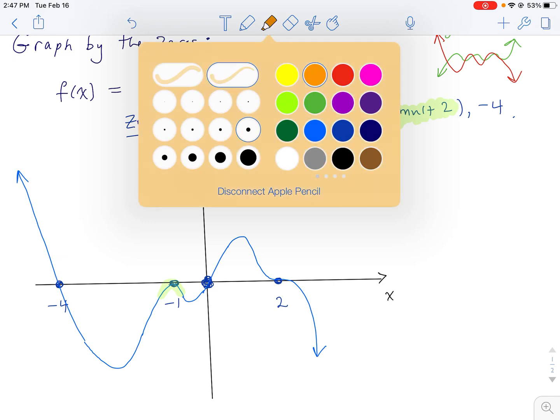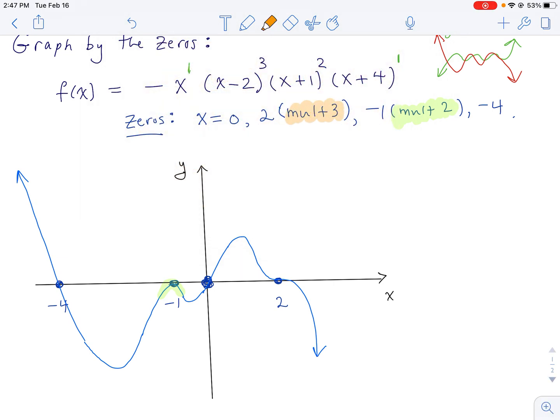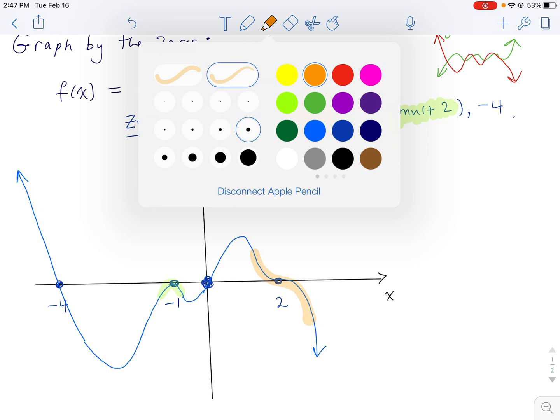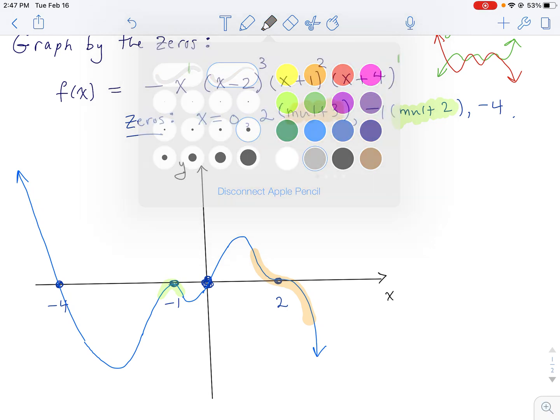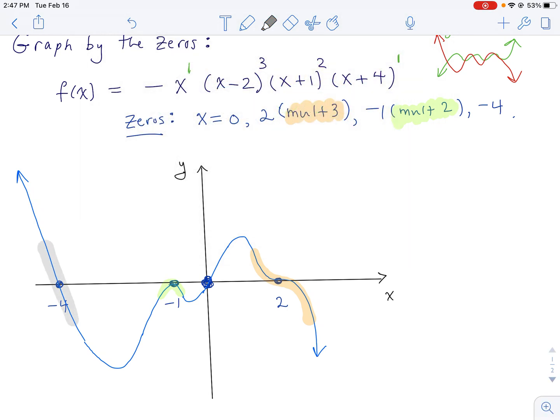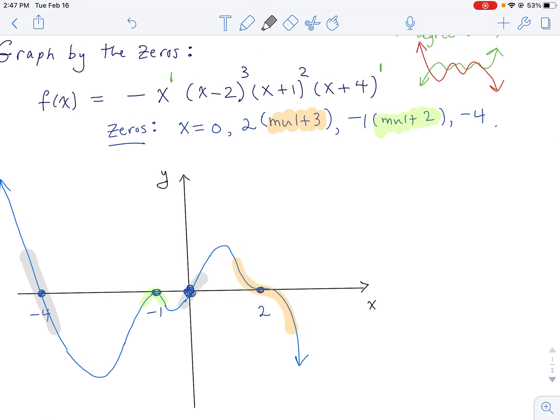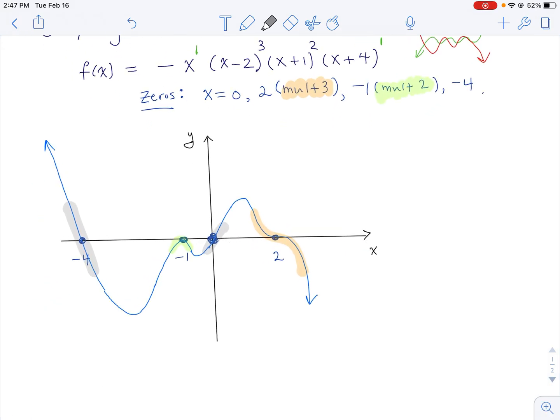So multiplicity 3, let's color code that in orange. Multiplicity 3 has this shape, almost like a cubic function. And finally, the parts that are multiplicity 1, I'll do that in gray. They look linear, like it cuts straight through. Okay, and that's the general shape of the graph.